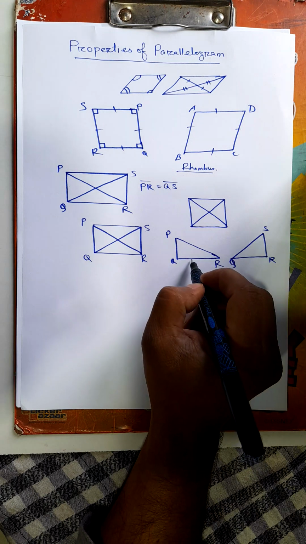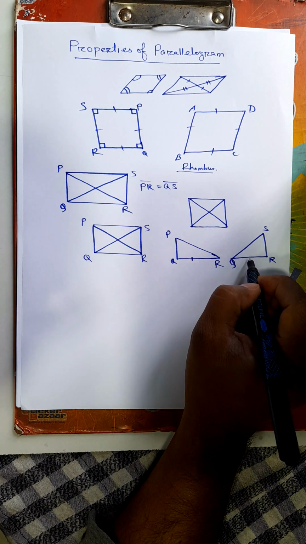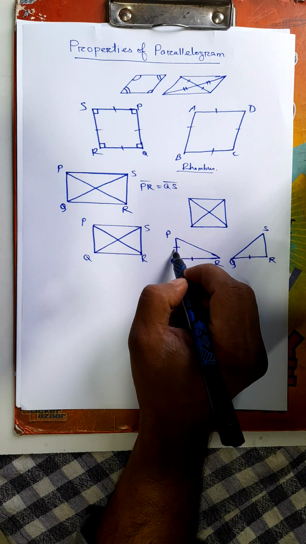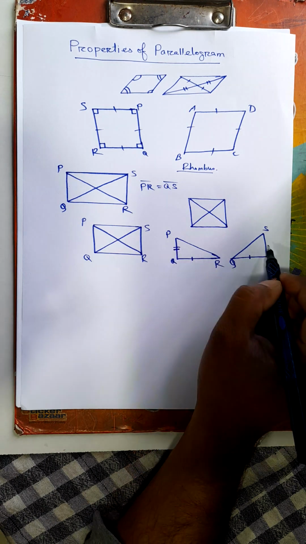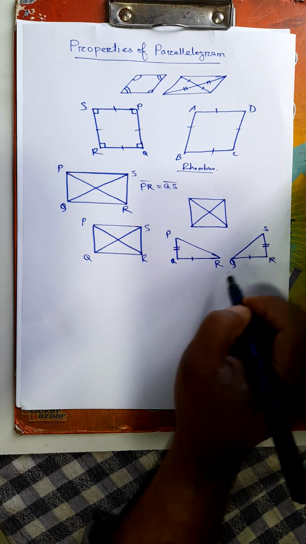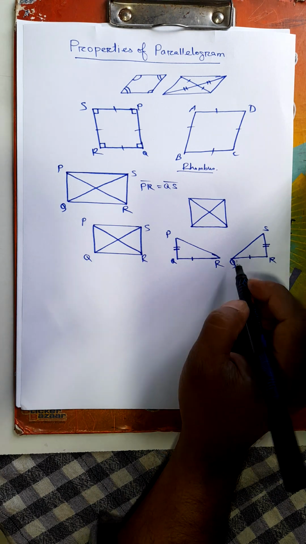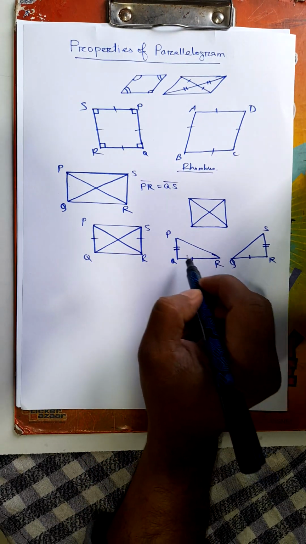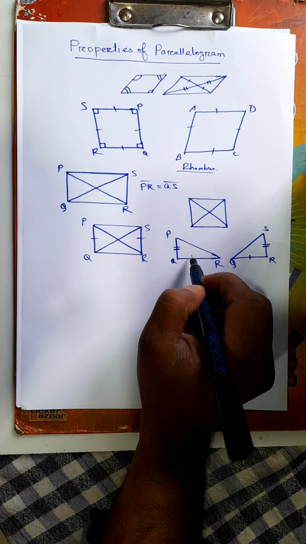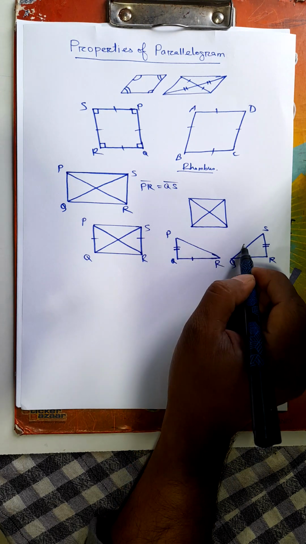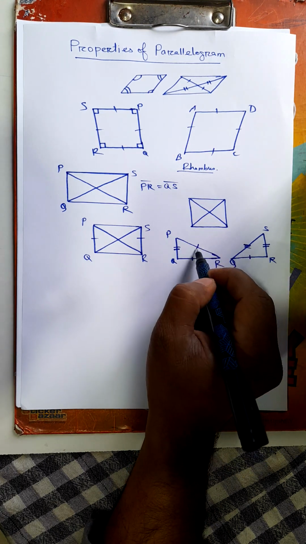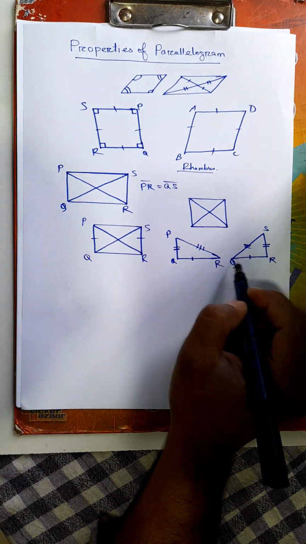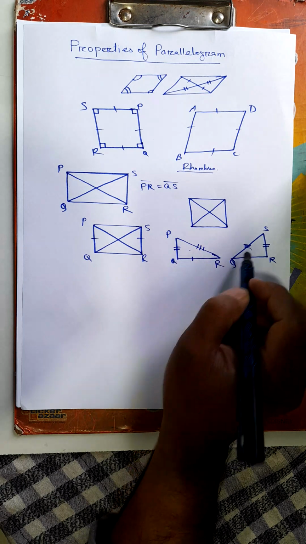You see that QR equals QR, common side. PQ equals SR, opposite sides of a parallelogram. QS equals PR, since by definition in a rectangle diagonals are equal. So these two triangles are congruent.